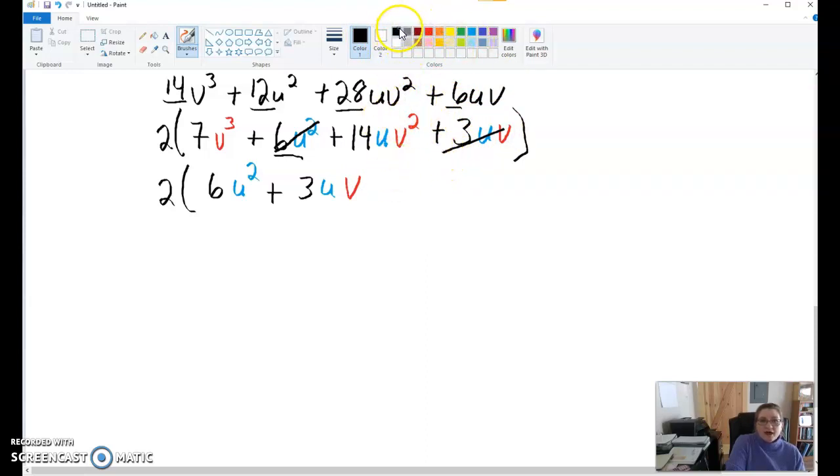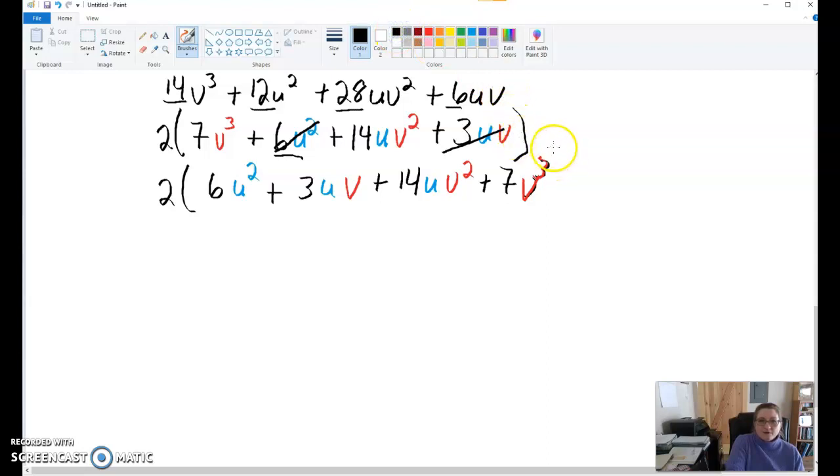And then we will have plus 14uv squared. And finally, plus 7v cubed. Ooh, sorry, I didn't write this in the right color. I'll just write over it, v cubed, okay?